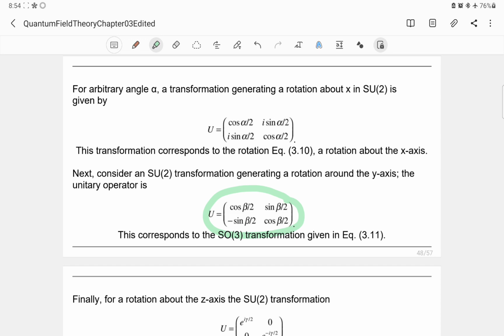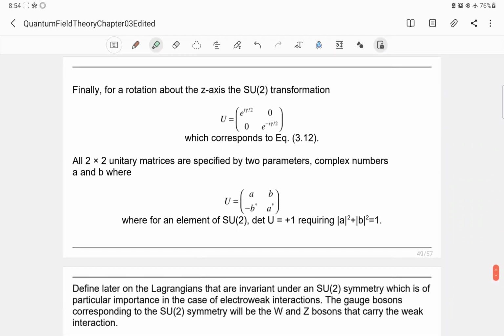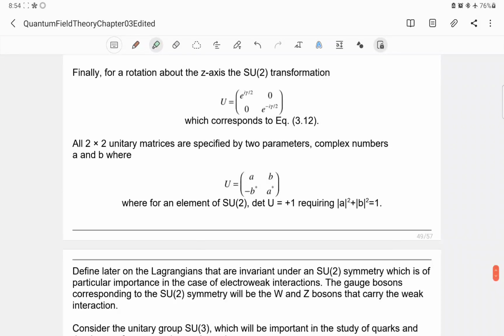You can review the first part of this lecture in chapter 3 to get the expression for RY. And finally, for a rotation about the z-axis, the SU2 transformation is just equal to this matrix.